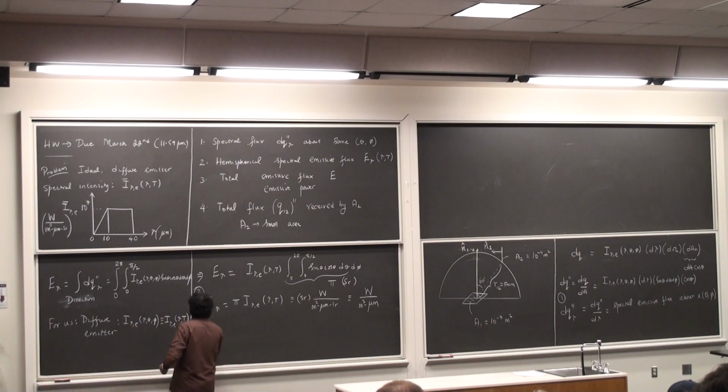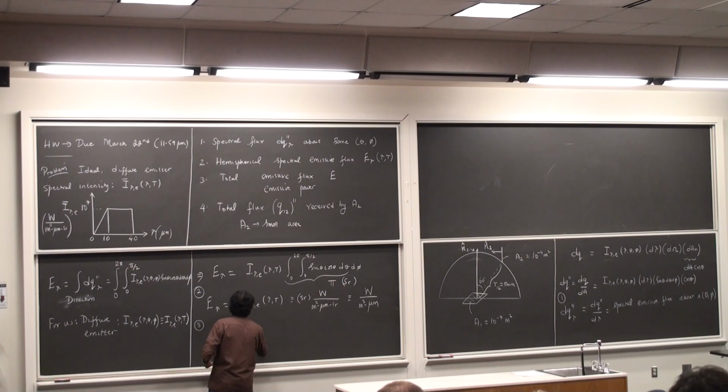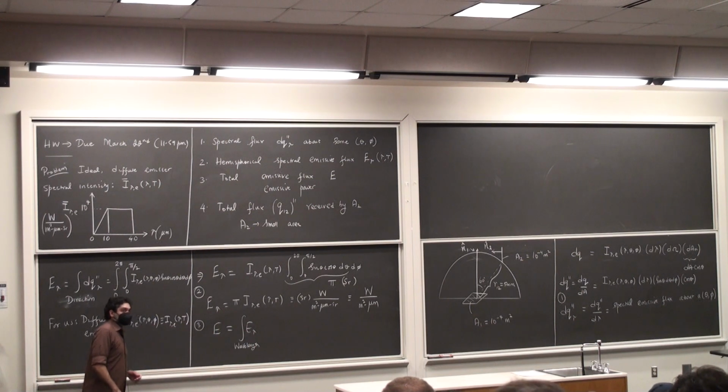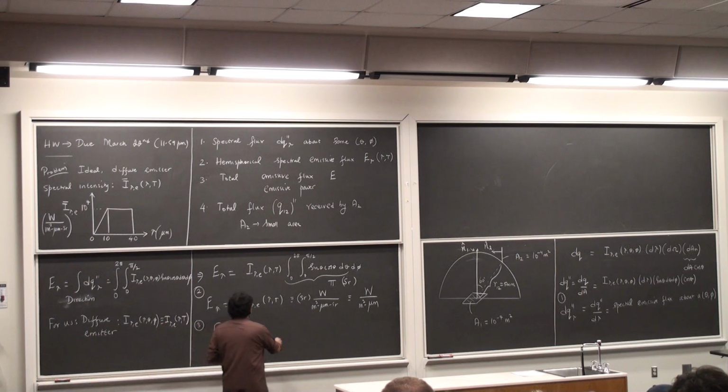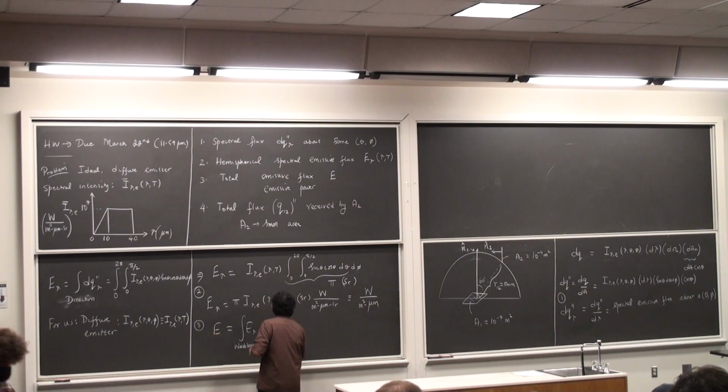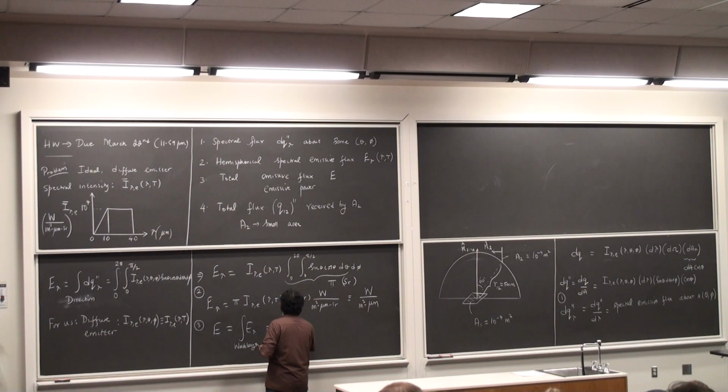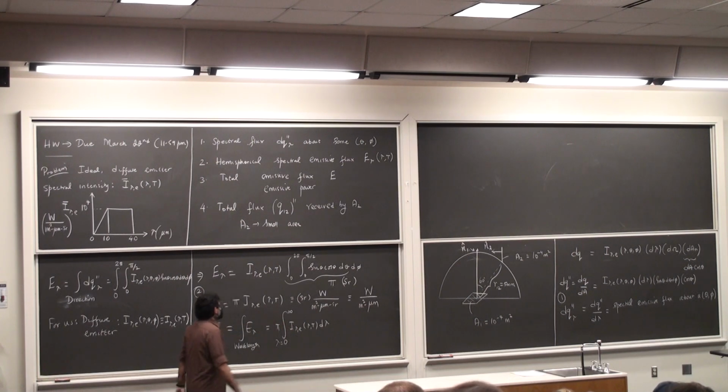So part 3, capital E is integral E lambda over all the wavelengths, and so pi times integral of this quantity 0 to infinity I lambda E lambda T d lambda.